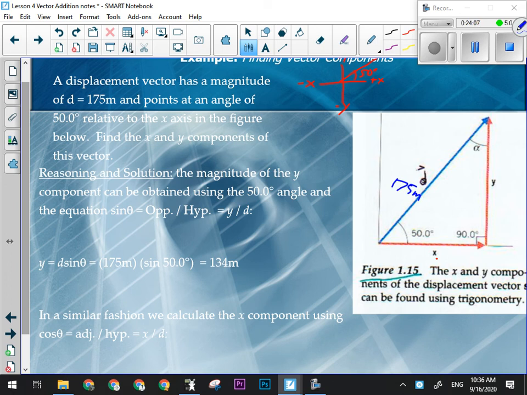Which trig function will I use for x? I'm looking for adjacent. I have hypotenuse. Cos, exactly. So I'm going to use the cos of 50 degrees times 175, and that will get me x. Then y, it'll be sine because it's the opposite side.